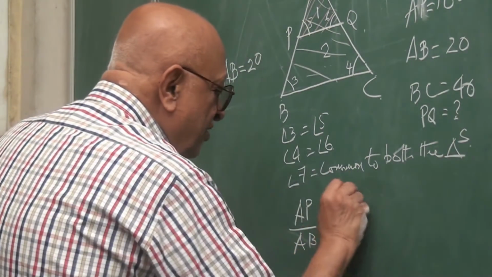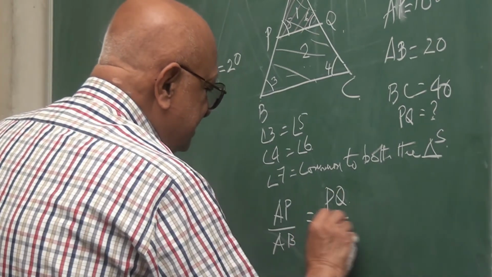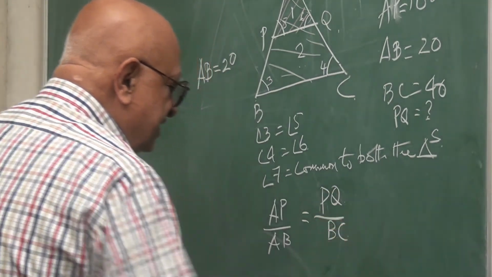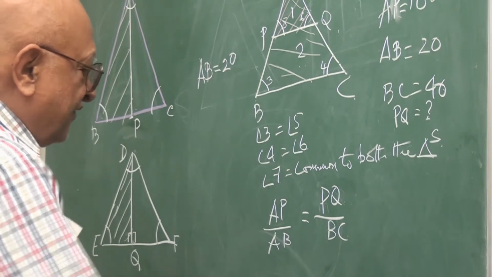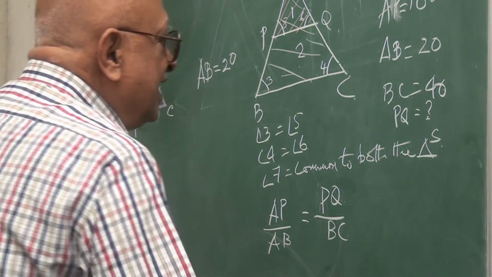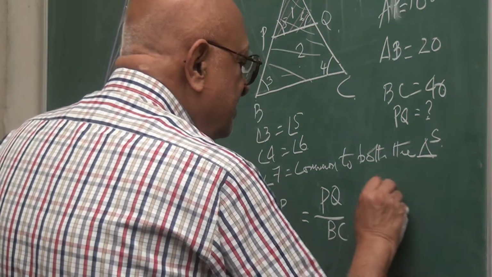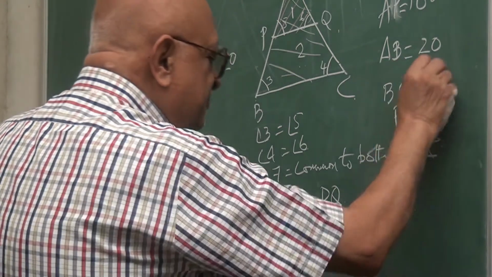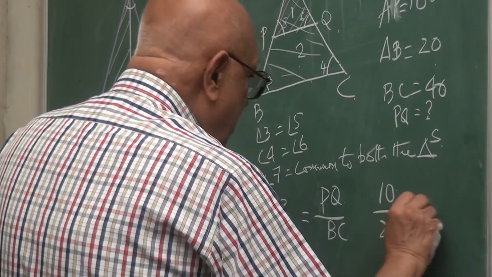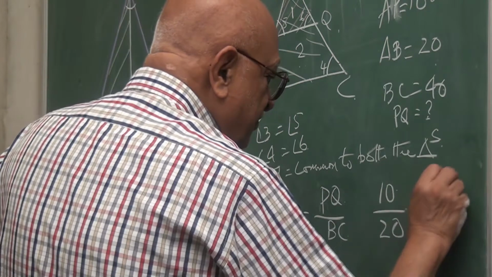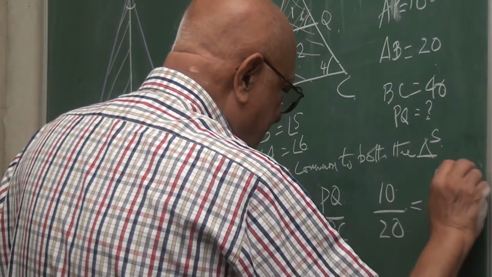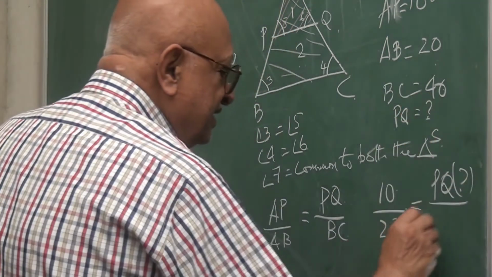So I will go with PQ by BC. AP is 10, AB is 20, PQ I have to find out, and BC I know is 40.